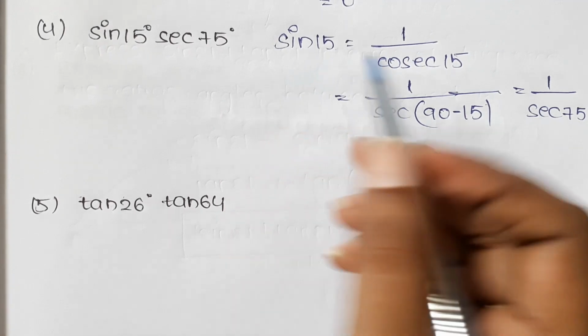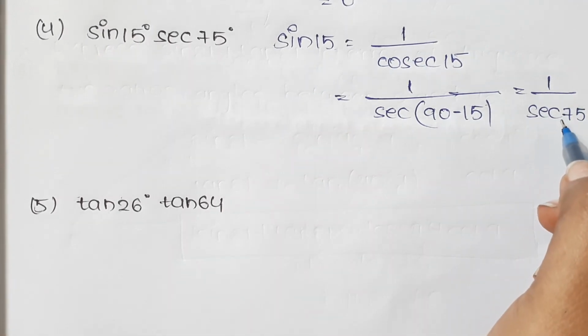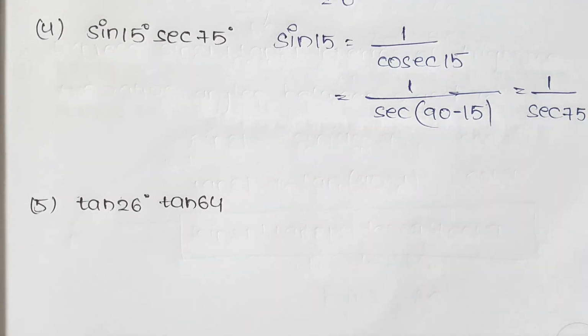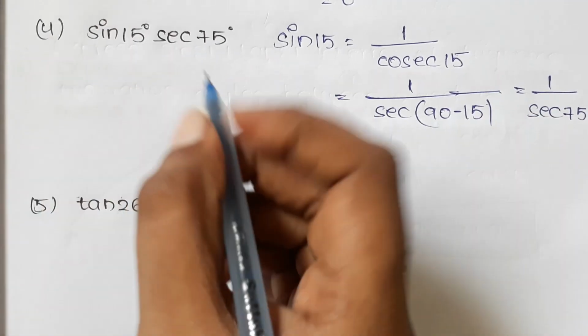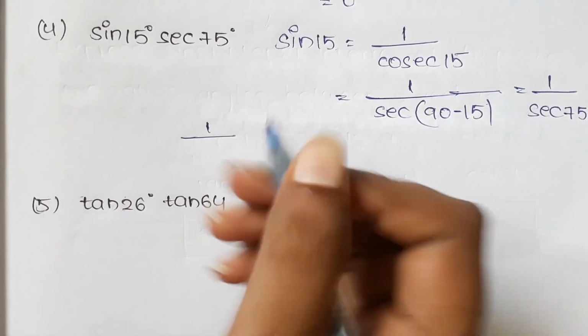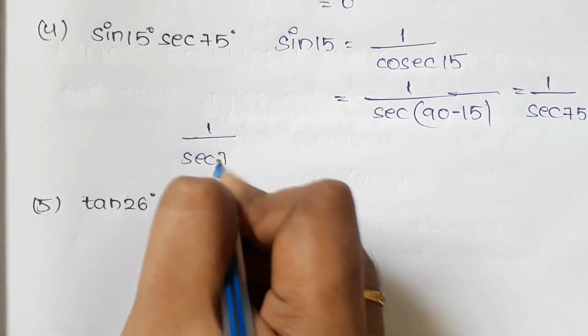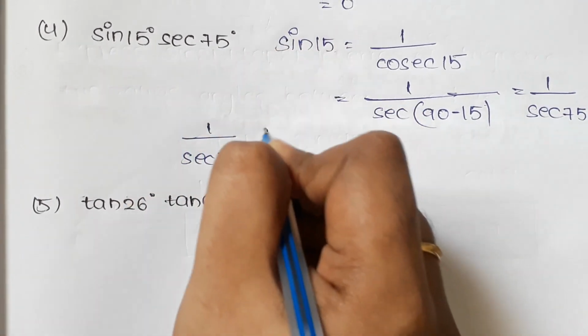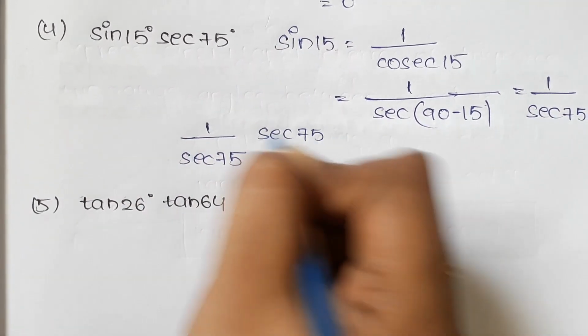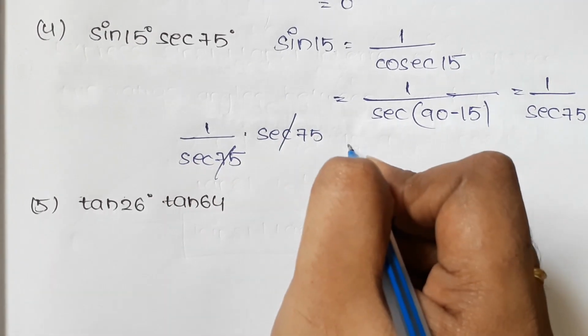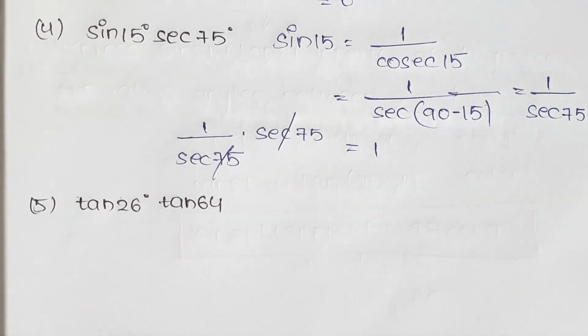So sin 15 is nothing but 1 by secant 75. Now let us substitute here. Sin 15 is 1 by secant 75, and here we have into secant 75. These both get cancelled and the answer is 1. That is sin 15 into secant 75 is 1.